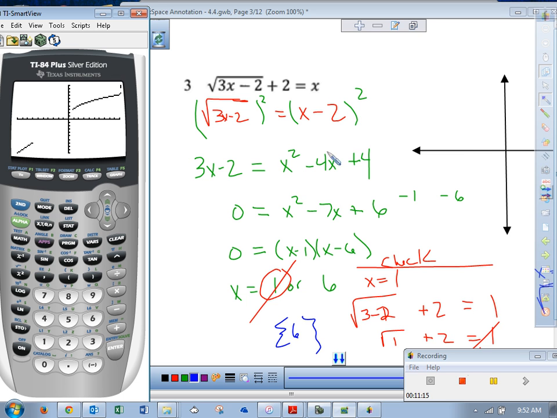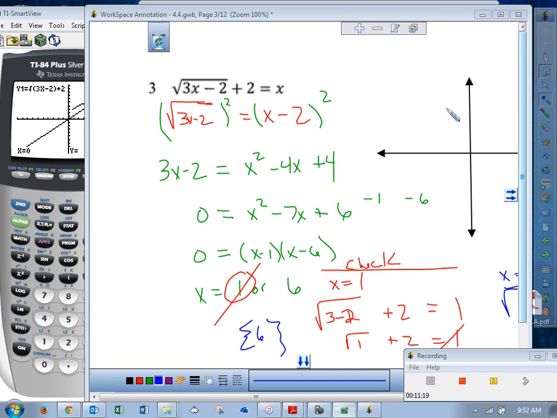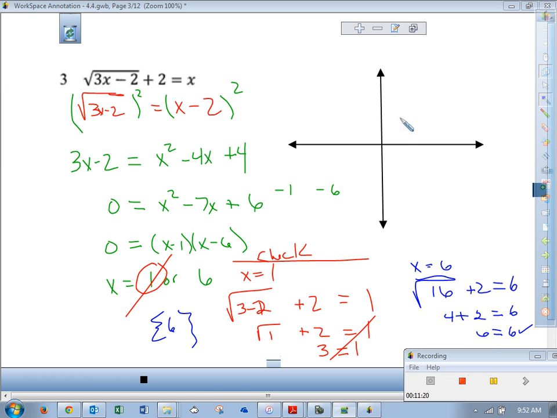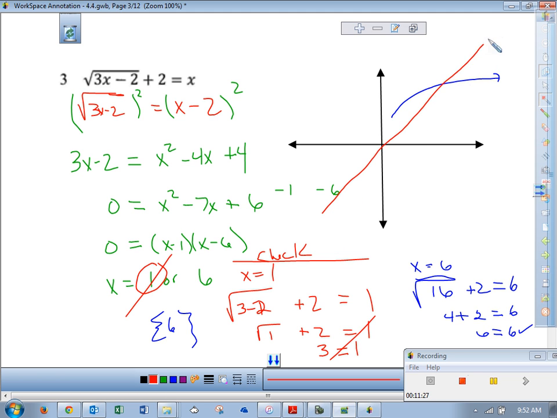Here's my square root guy. There's my line. So I'll make that rough sketch. Square root guy looks something like this. The line was y equals x, which looked like that. And then where they intersect, you can calculate that, where they intersect.